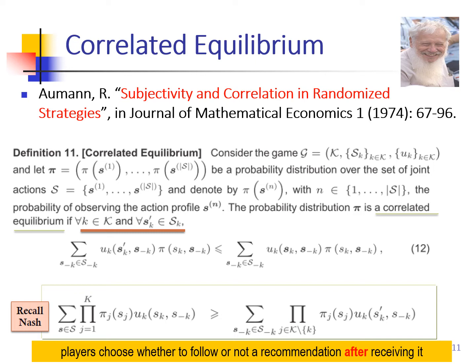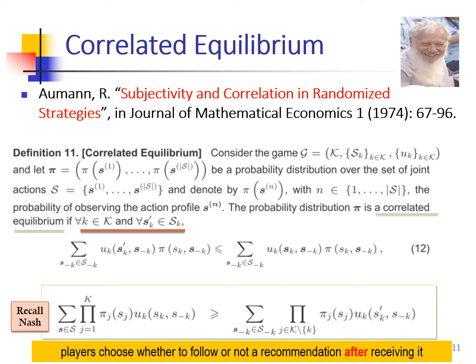So what Robert Aumann did, in fact, he said, no, this is not a good idea. And now we need actually to go back and try to now, instead of writing this as a product of distributions, we need to now write it as a joint distribution. Essentially, this is what he did, right? So let's take a look at the definition. So consider the game G here.